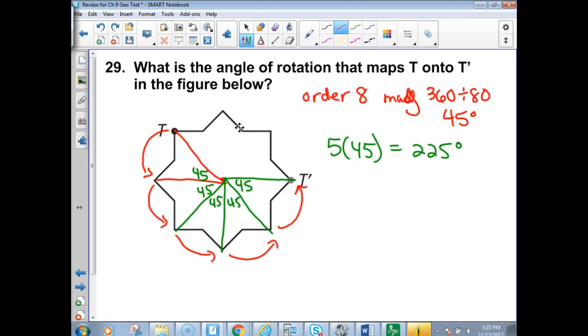Was going clockwise 1, 2, 3 turns, and 3 times 45 is 135 degrees. All right, so that was what they did. They went clockwise instead of counterclockwise, as we said all the rotations should be unless otherwise specified. Okay? So our correct answer is 225 degrees.